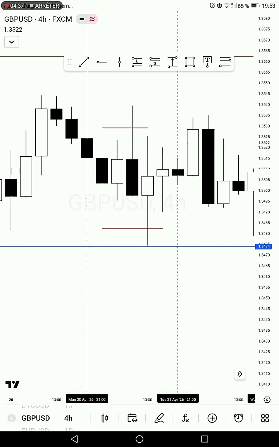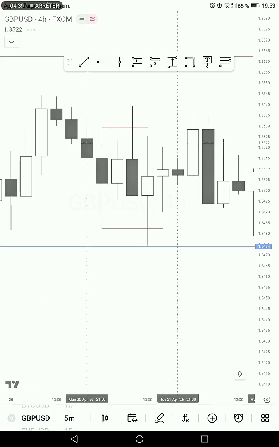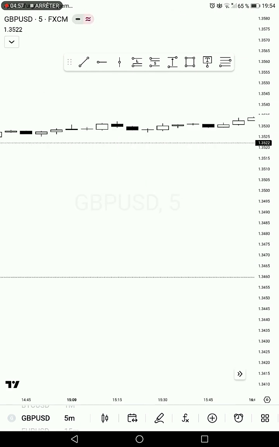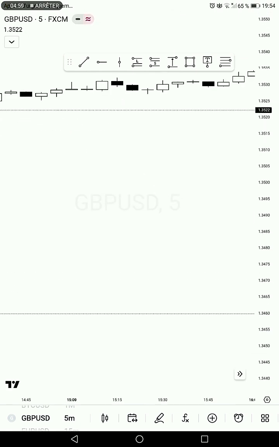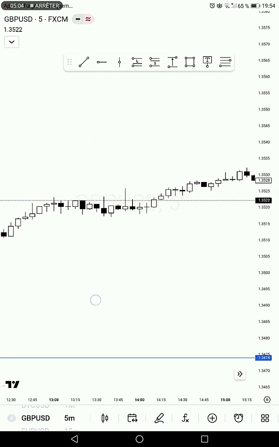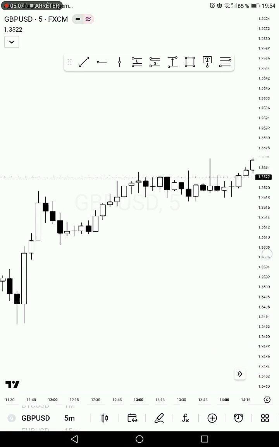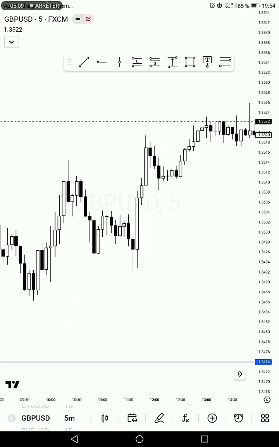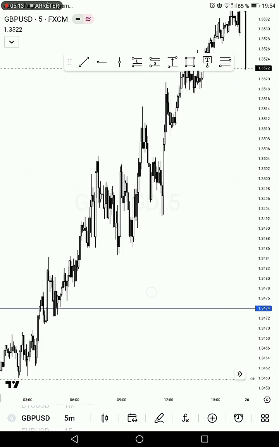Going down to the 5-minute time frame, from the 4-hour to the 5 minutes on Tuesday price action. We are still on Tuesday price action. My network is kind of bad, but let's move on to the 5 minutes time frame.